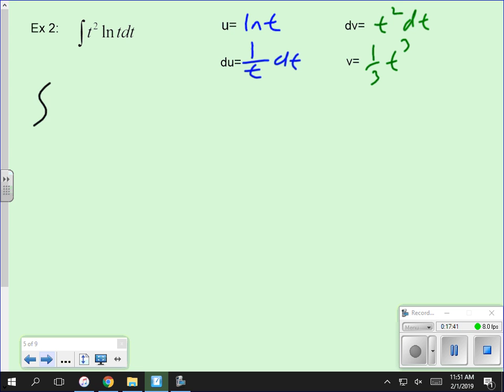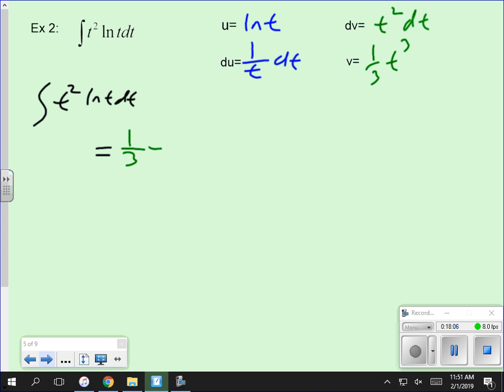And you're like, but it doesn't look much simpler. I mean, I got a 1/t as part of my dt in there. Well, if you stop and look at it, it is now uv. And so v is 1/3 t cubed, and then u is natural log. So even though it's uv, I always put the natural logs last.